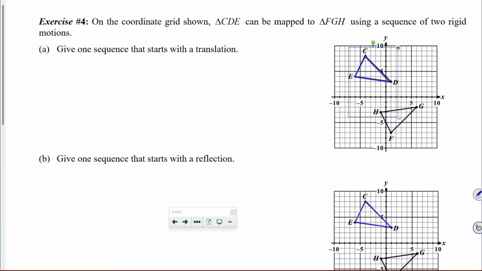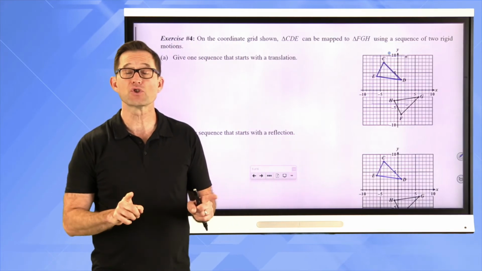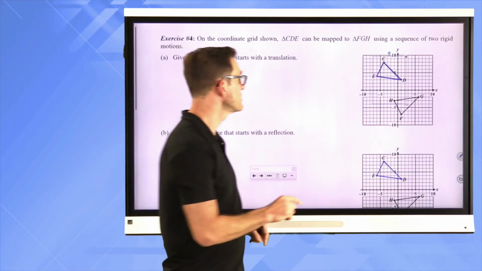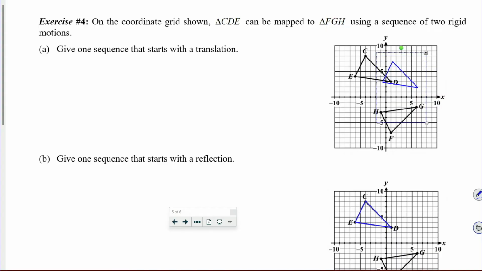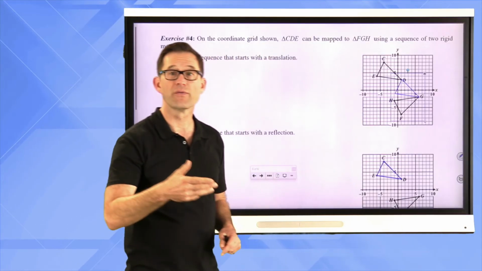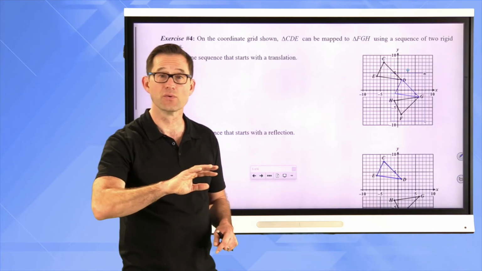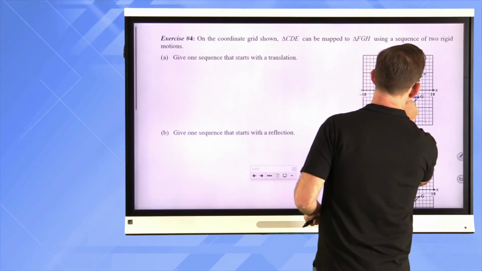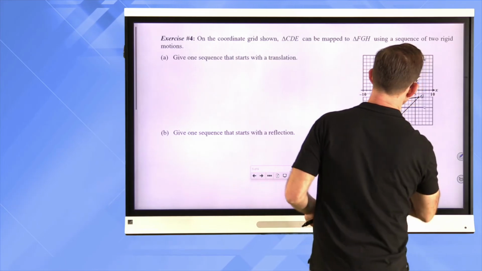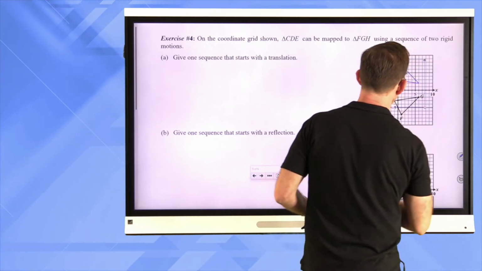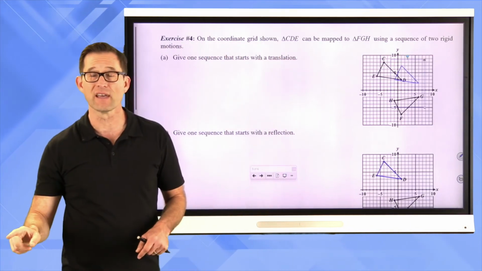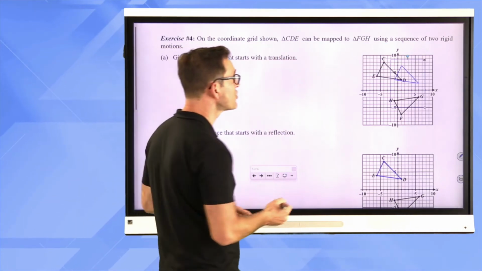So now, how do I describe that? I want to make sure that I can reflect across the x-axis. So to do that, I've got to translate this over to here. I could actually translate it all the way down here, and then reflect it over the horizontal line that passes through G. But since I hope we're comfortable with reflections across the x-axis, I'm going to just translate it to a point where I can get it across the x-axis. Now, how did I have to translate it?